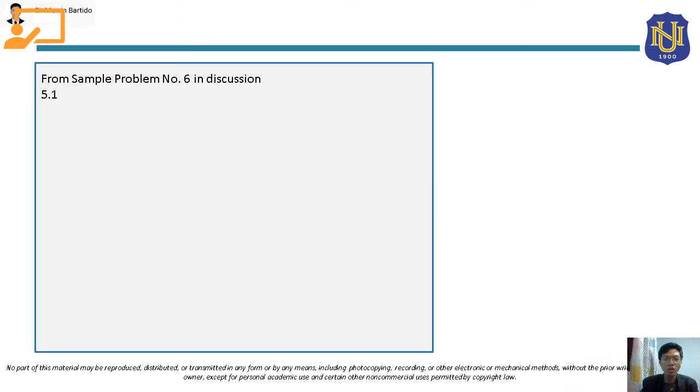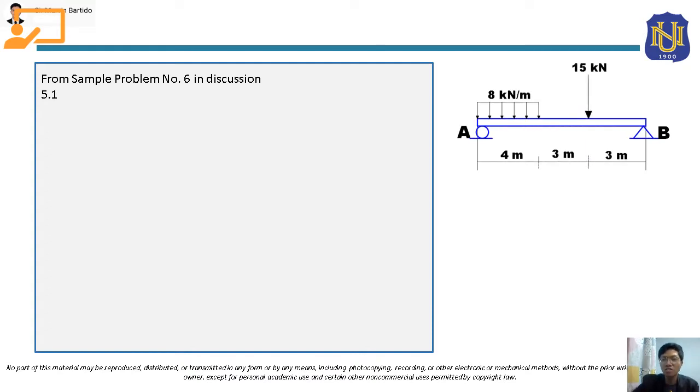So we are going to consider here the sample problem number 6 that we solved in discussion 5.1. For this beam with these loadings, we already established from the previous discussion its shear and moment equations at each segment.